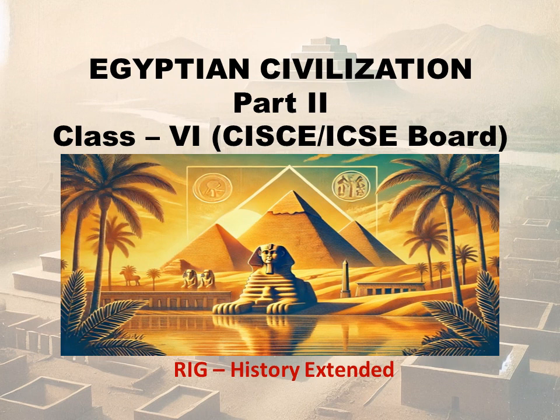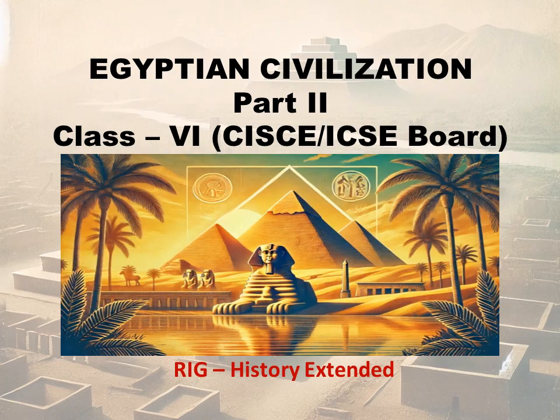Now before we go into the details of part 2, let us have a recap of what happened in part 1. In part 1 we discussed the introduction, where we gave a basis of the Egyptian civilization. We discussed the advantages of location, where we stated the geography of the Egyptian civilization.